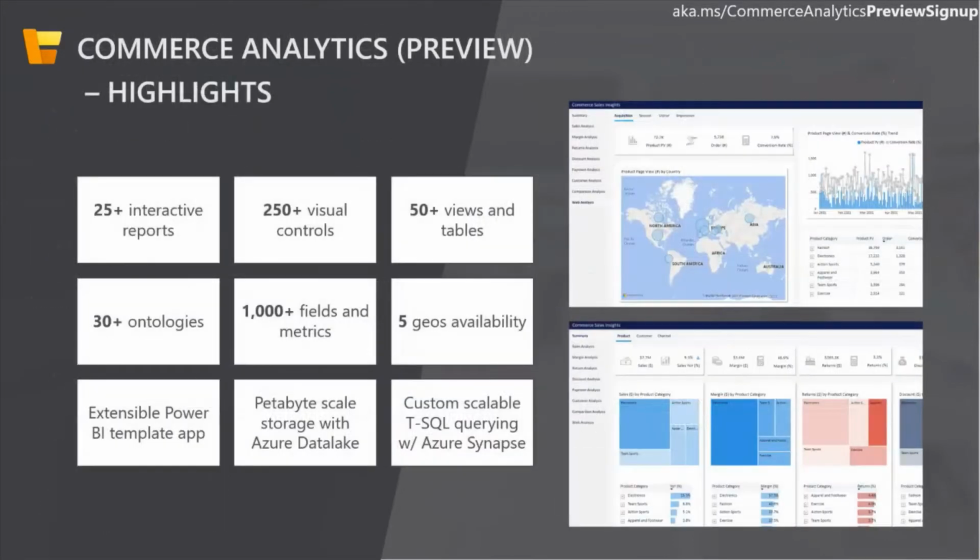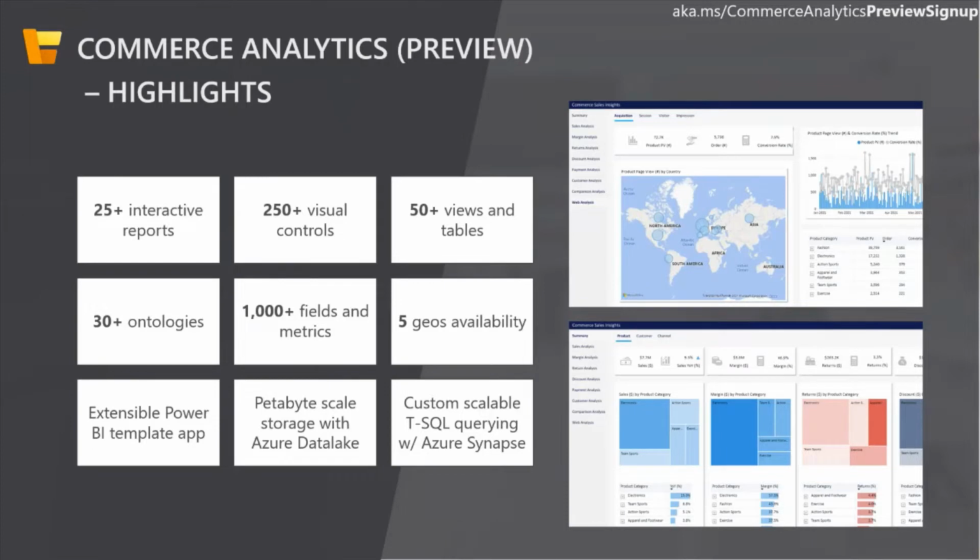Now let's look at what is actually available within this native capability. I had mentioned earlier, one of our key guiding principles was we wanted to make sure we're shipping a comprehensive set of analytics capabilities out of the box. We didn't want to limit ourselves to shipping just a few sample reports, so to speak.